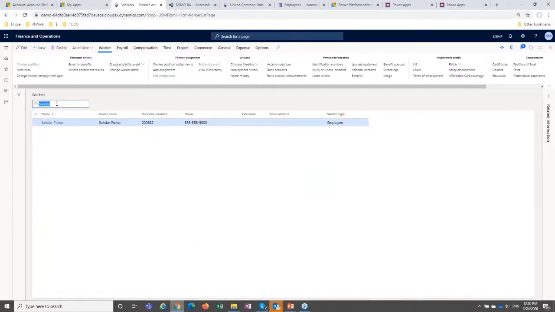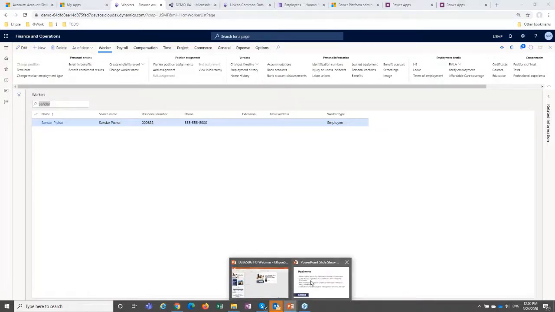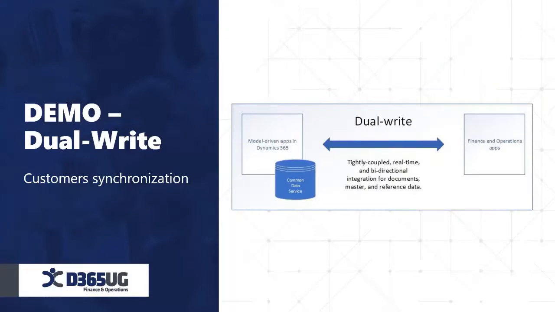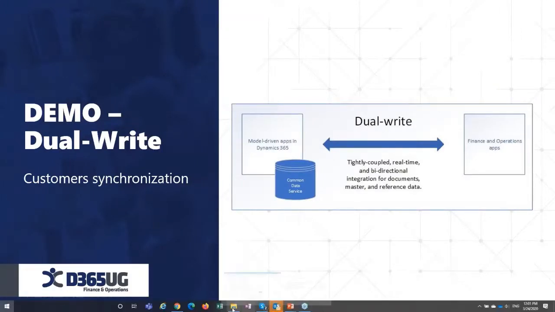Yeah, here you go. So this is finance and operations. Sundar is here. All good. All right. So the only demo which is left for us is the dual write demo with the customers. Let me switch to it right away.